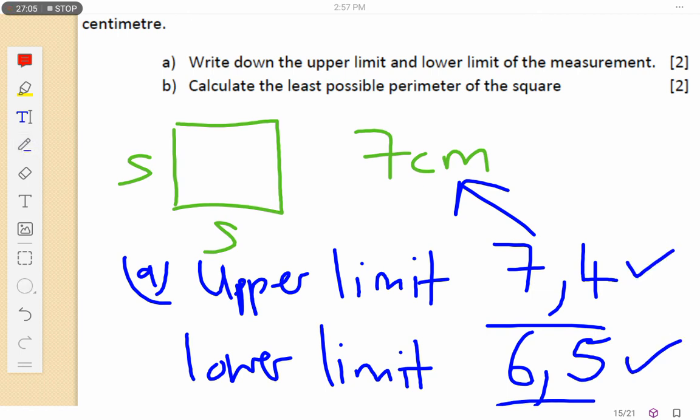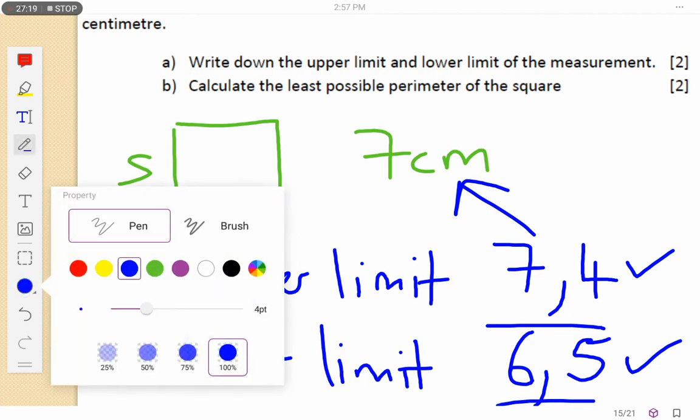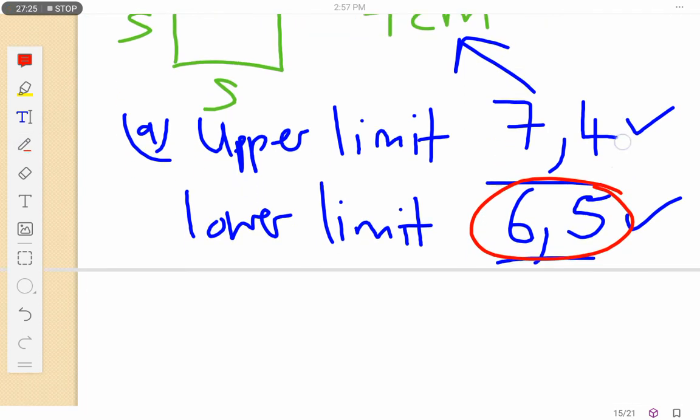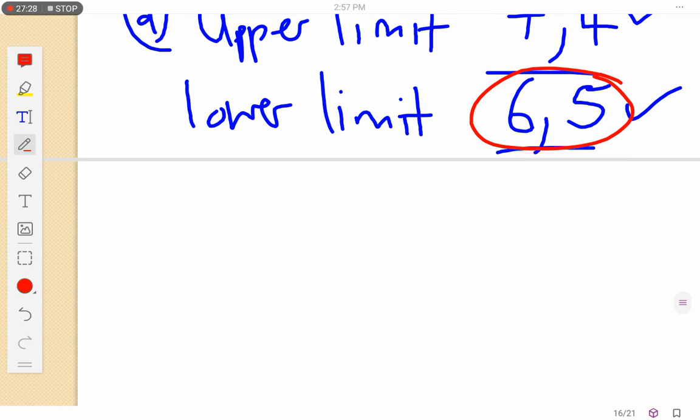Then the second part of the question is saying calculate the least possible perimeter of the square. So we are going to use the lower limit there. Perimeter of a square is equal to side plus side plus side plus side.